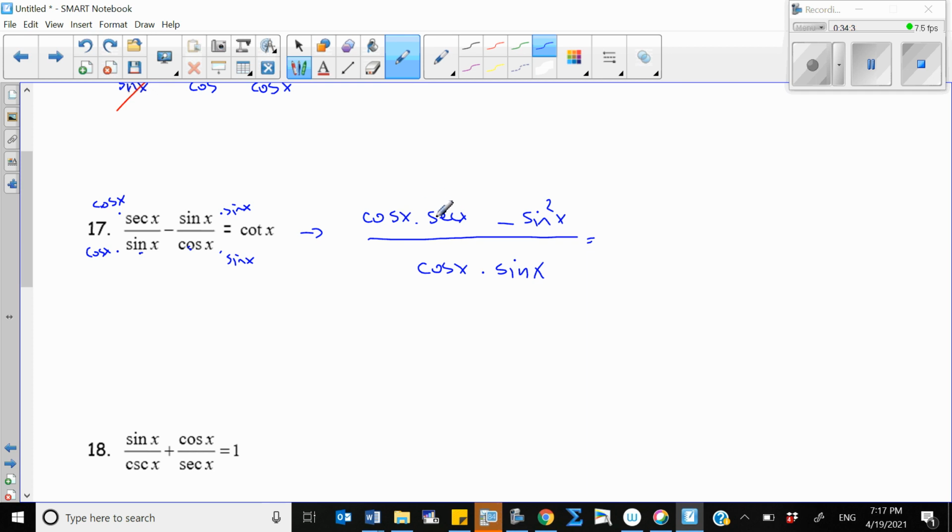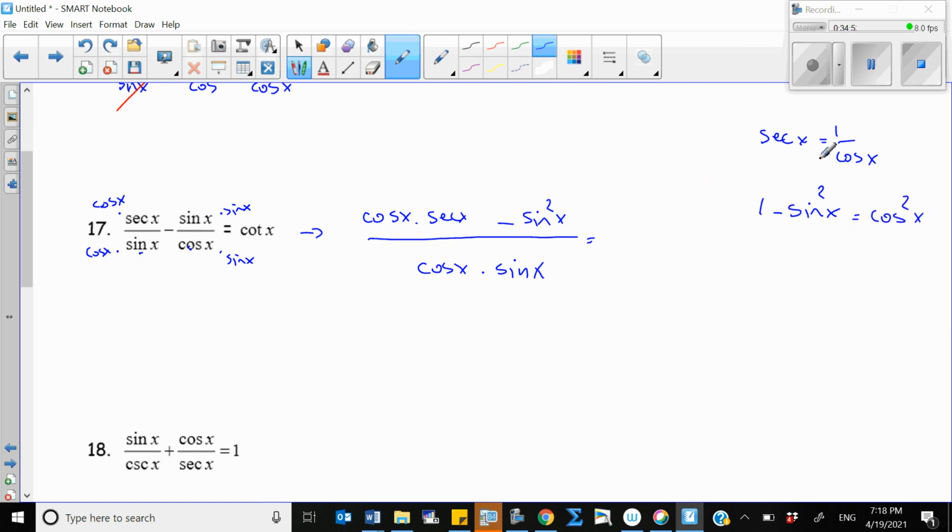Now, what is cosine times secant? I'm going to leave that for you to find. I will just mention that secant is 1 over cosine of x. And also, you can use this later: 1 minus sine squared of x equal to cosine squared of x.